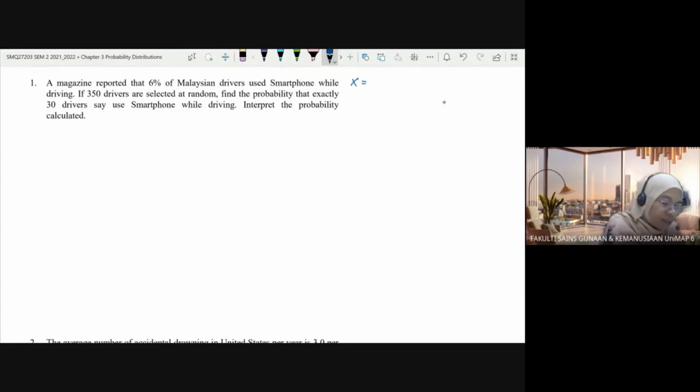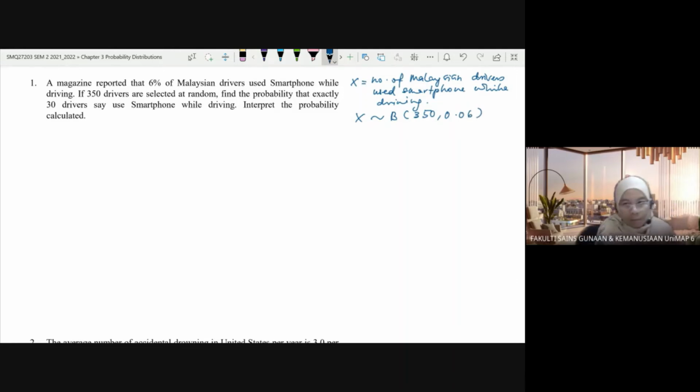So number of successes is the number of Malaysian drivers who use smartphone while driving. Okay, so in this case, x follows binomial with the number of trials 350 and probability of success 0.06. So that will be your first two pieces of information extracted from the question.